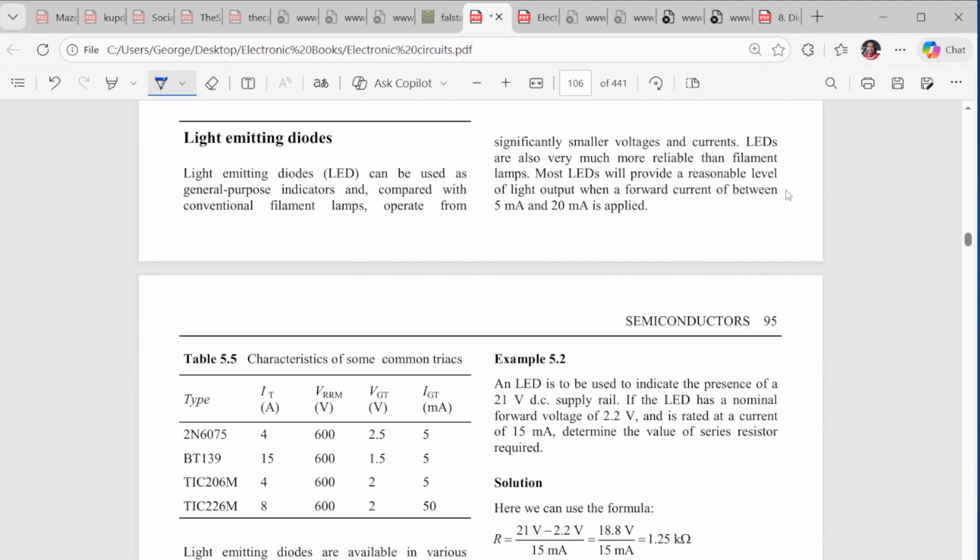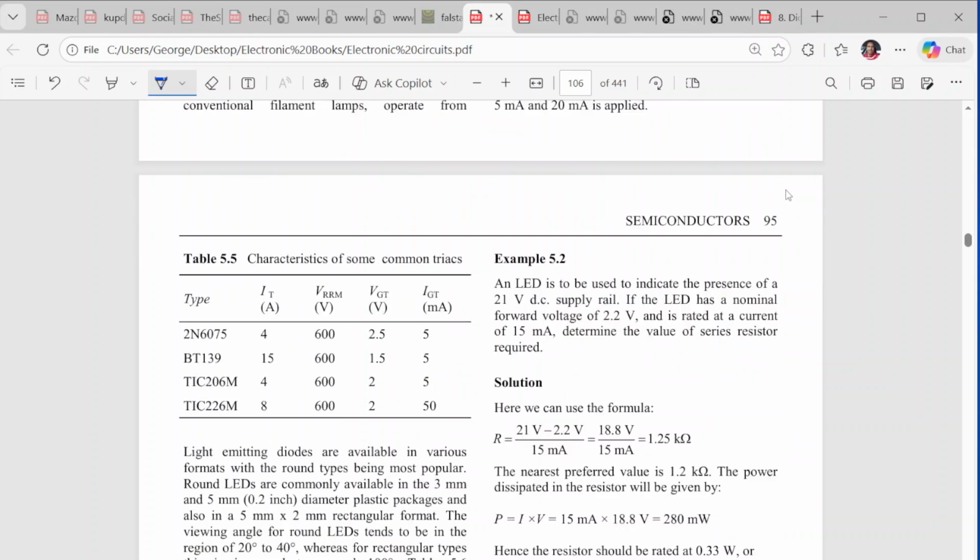LEDs are also very much more reliable than filament lamps. Most LEDs will provide a reasonable level of light output when a forward current between 5 milliamps and 20 milliamps is applied.